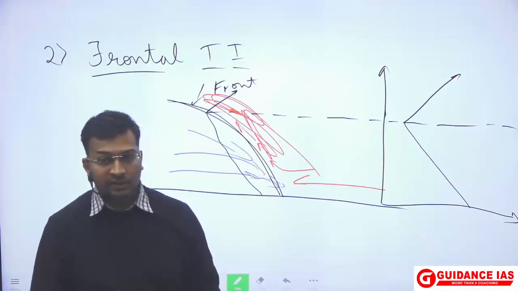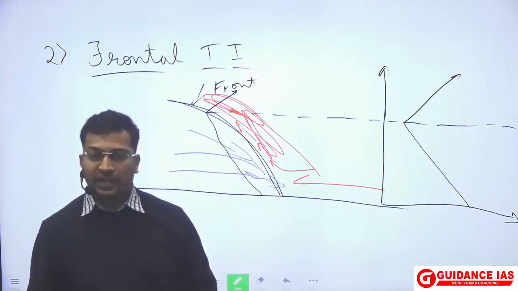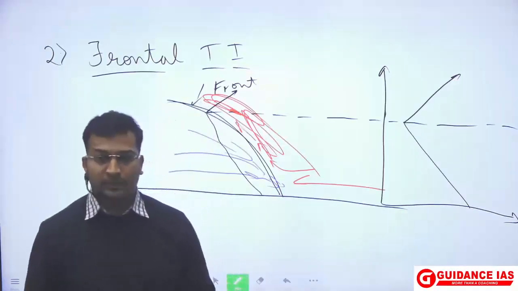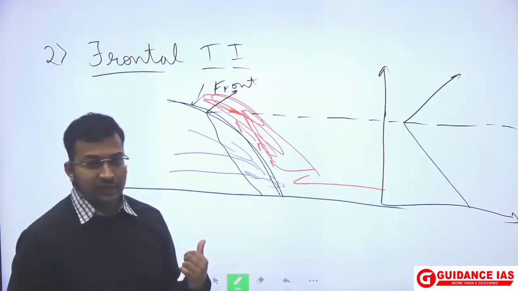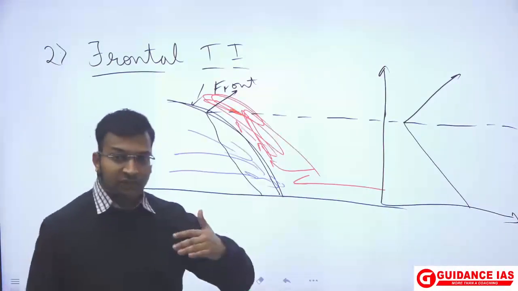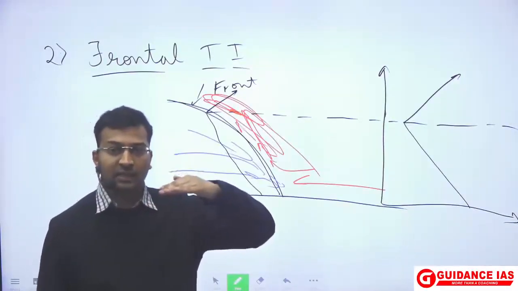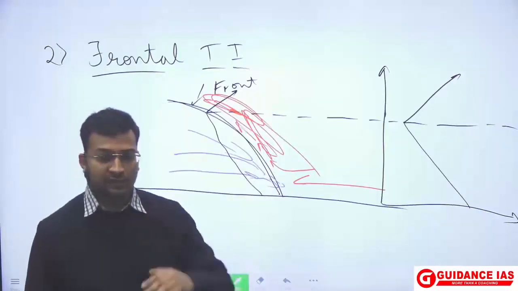The surface inversion has three subtypes: radiation inversion, air drainage inversion, and advection inversion. The upper air inversion has two subtypes: the subsidence inversion and the frontal inversion. They are upper air inversion because the temperature inversion begins to occur at a certain height, certain elevation, at a certain altitude above the ground surface.